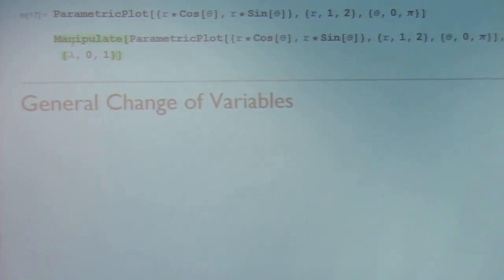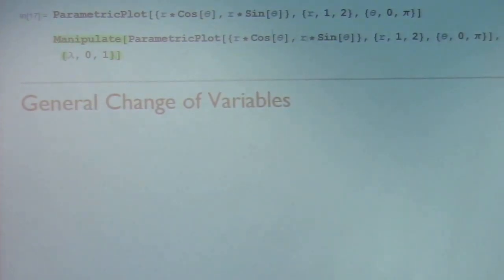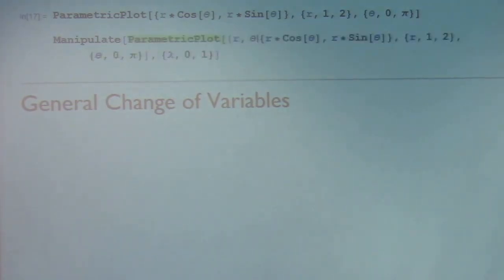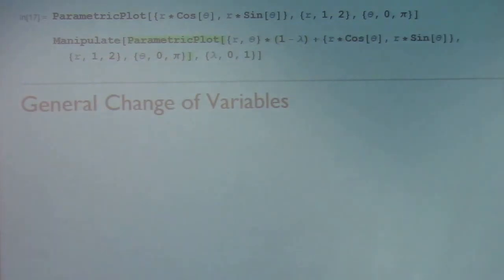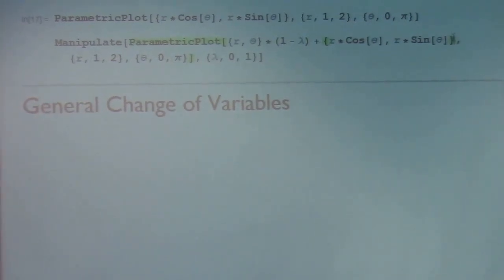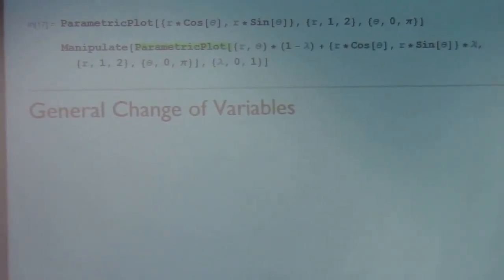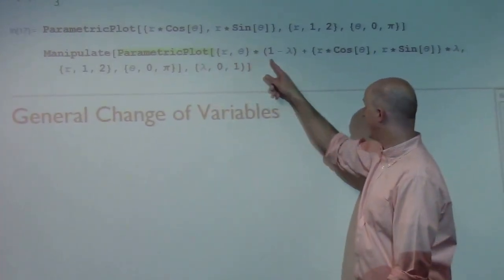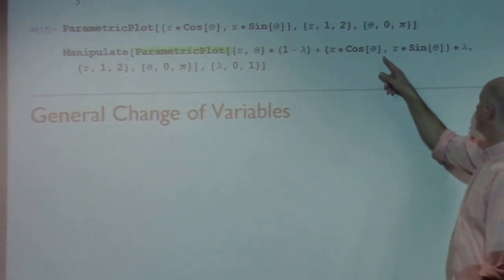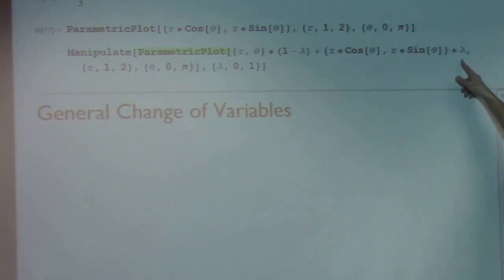To imagine that rectangle getting transformed into this half of a washer, I'm going to use a little trick. I wouldn't expect you to know this trick. Let me explain it a little bit. What do you see here? You see r, theta times 1 minus lambda plus r cos theta, r sine theta times lambda.